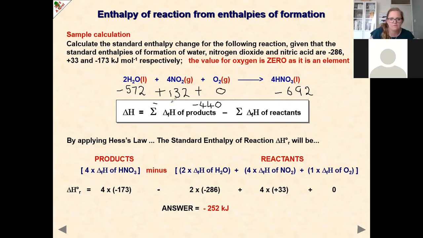So minus 692 take away minus 440, which gives us minus 252. So again, we have products minus reactants.